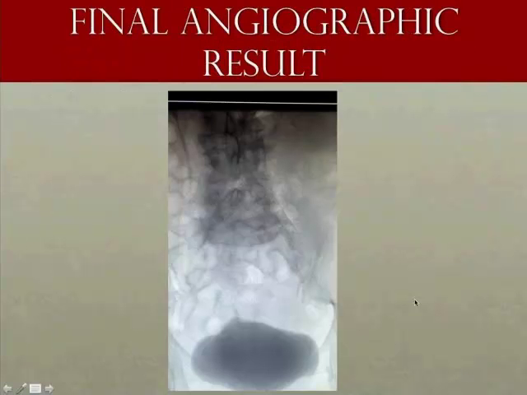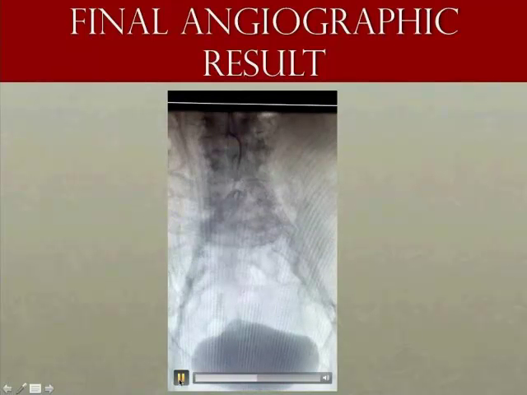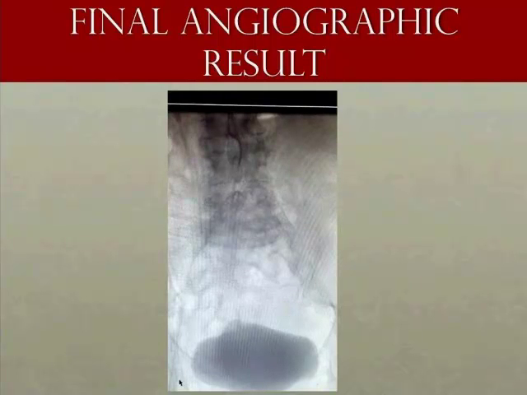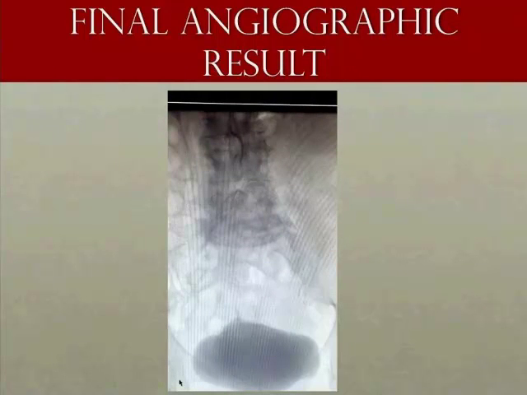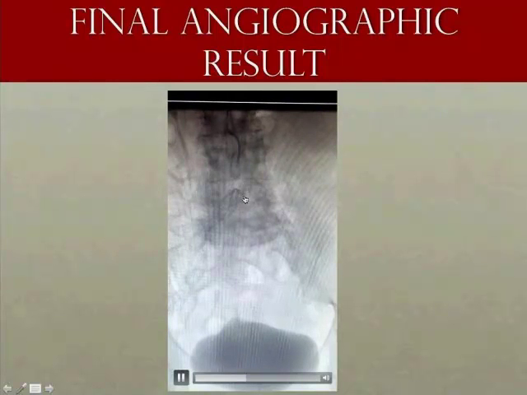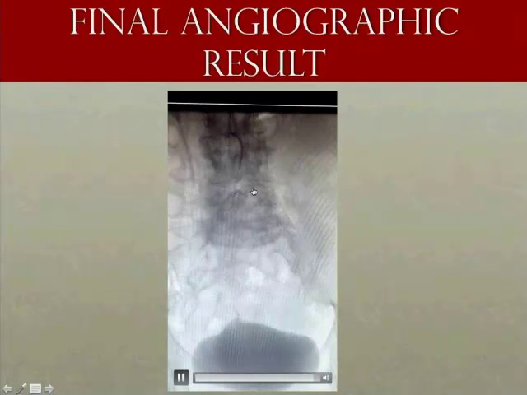So here's the final angiogram. I'll let you all judge for yourself as to the success of it, but I was quite pleased. As you'll see, the aorta is intact. It's a little difficult to appreciate on this angiogram, but I was able to maintain the inferior mesenteric artery.